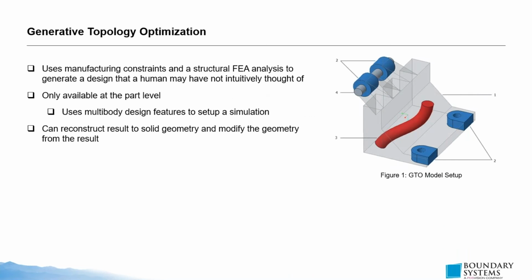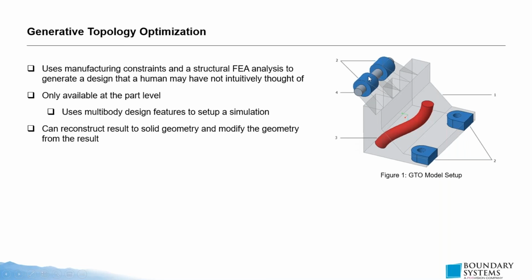Now to get a little bit deeper into these specific tools. Generative topology optimization, like I said, is going to use our manufacturing constraints and the structural FEA analysis to generate a design that you might not have intuitively thought of. It uses multi-body design, so it's only available at the part level in its current build. Inside of GTO, we can specify a starting body, or starting region, which is the clear body you see in figure 1.